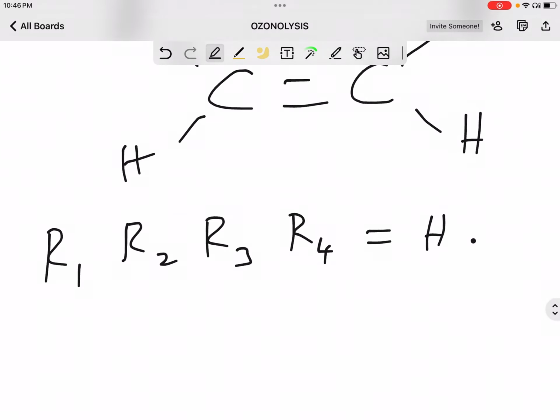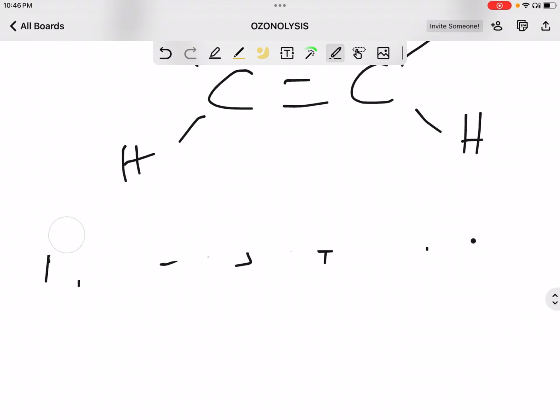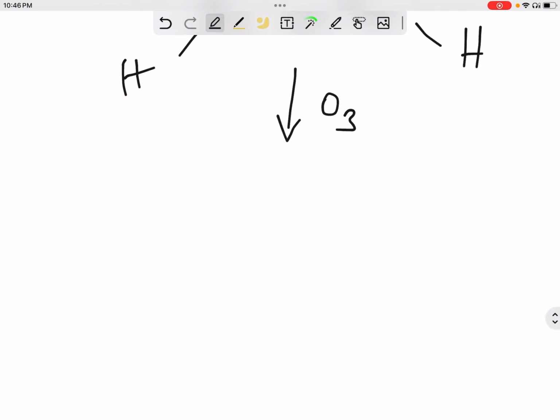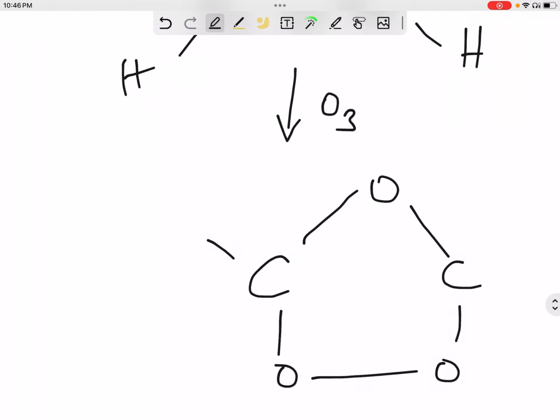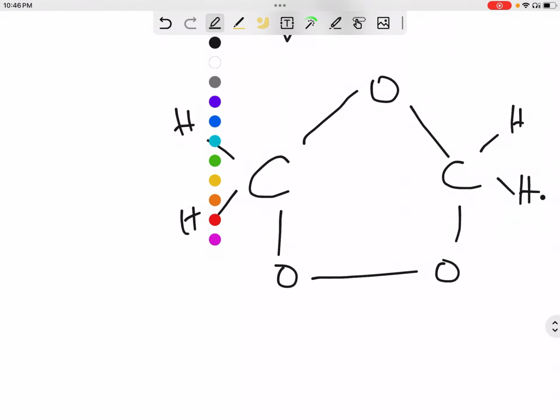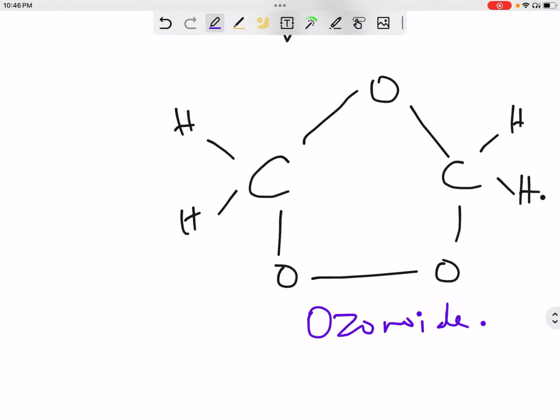This, when subjected to ozonolysis, gives an ozonoid of this particular format with the attached hydrogens as such. This is what is generally known as ozonoid.